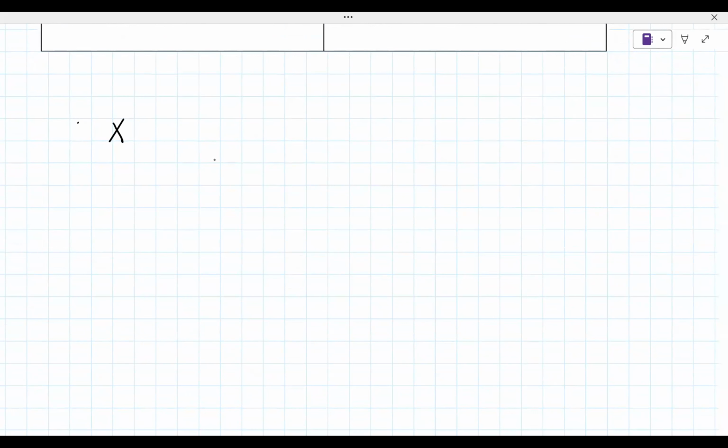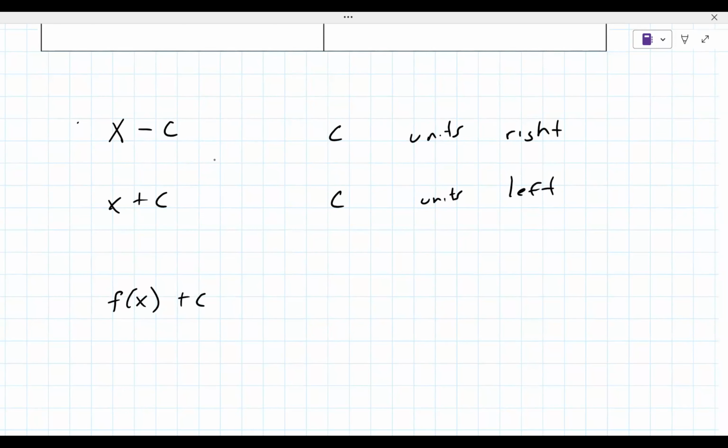When you see x minus c, that's c units right. x plus c is c units left. And f of x plus c is c units up. f of x minus c is c units down, or maybe your book uses k.